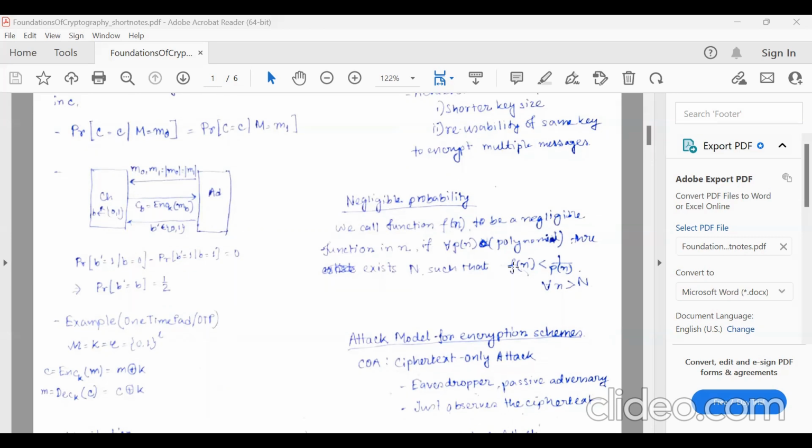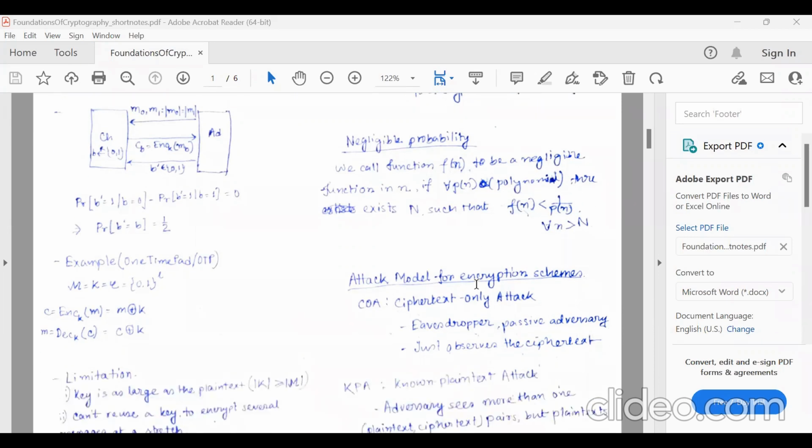So p of n is the polynomial, 1 by p of n is its inverse, and f of n should be even smaller than that. That is when we call the function f of n negligible. Of course, you find the capital N, and then for all natural numbers small n greater than capital N, this condition should be satisfied. Okay.